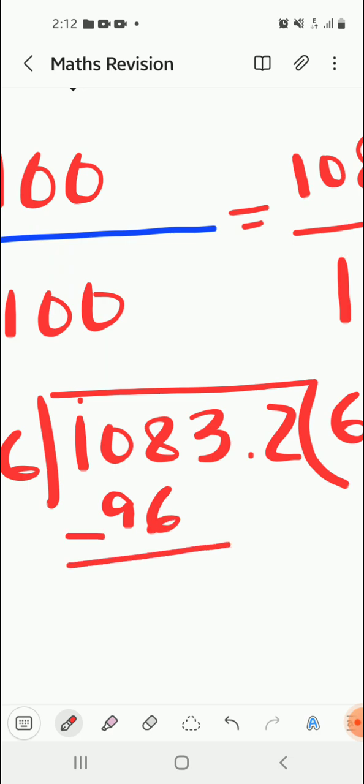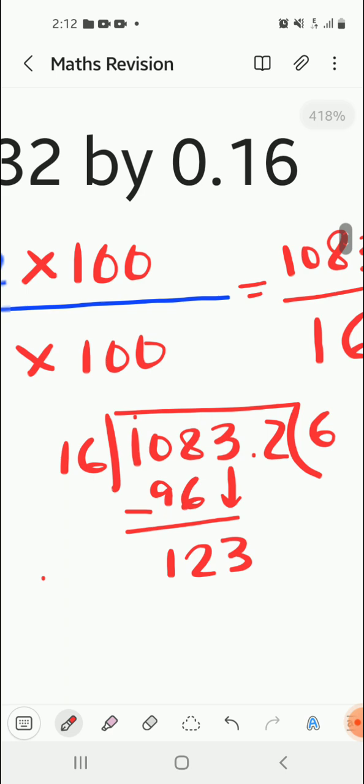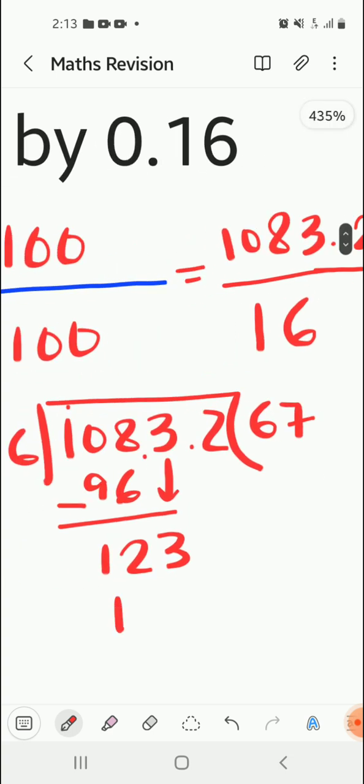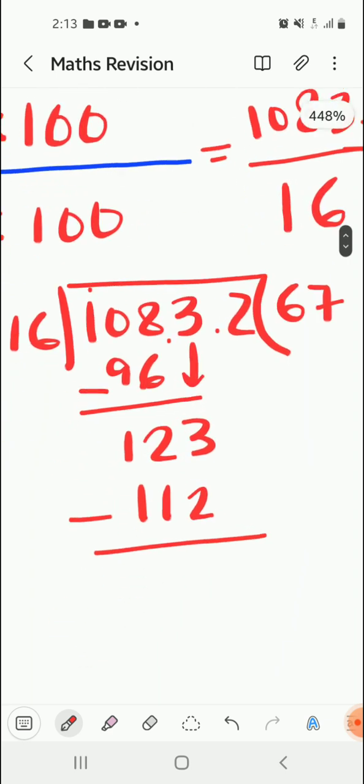So 108 minus 96, we've got 12. Shift this 3 here, 123. Now multiply it with, let's check, 16 into 7 is 112, we know. 16 into 8 is 128, so it will exceed. So we'll take 16 into 7, that is 112. Deducted, so you get 1 and 1, 11.